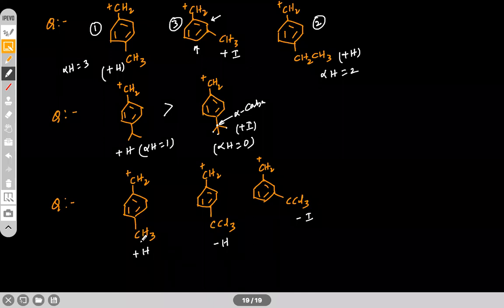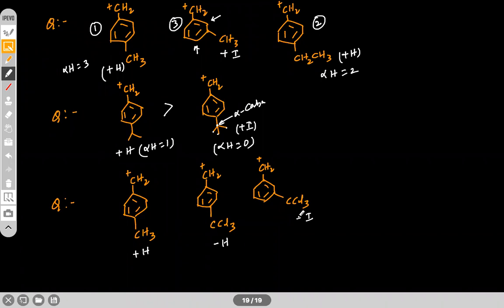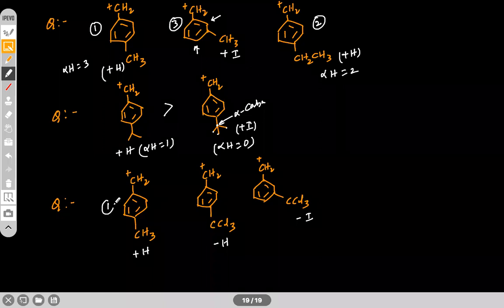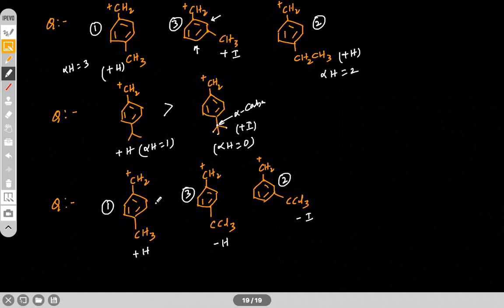Correct. So plus H dominates. Minus I and minus H, both are destabilizing factors. So this is 1, minus H destabilizes more, this is 2, and this is 3. Got it?